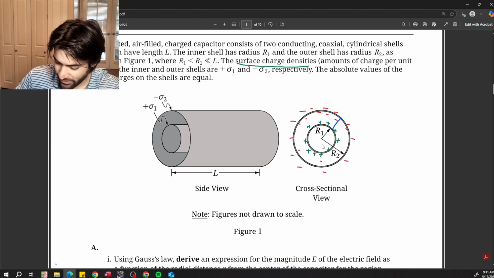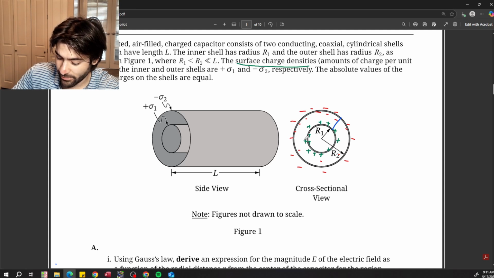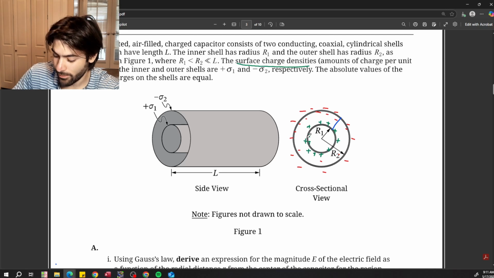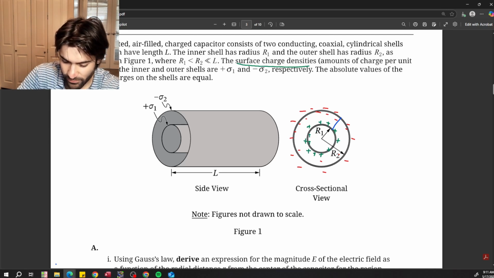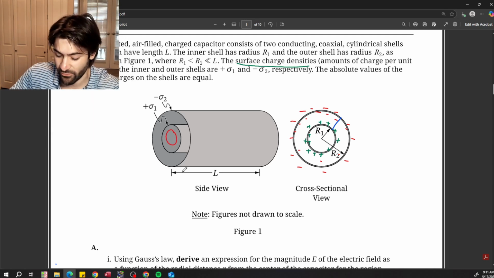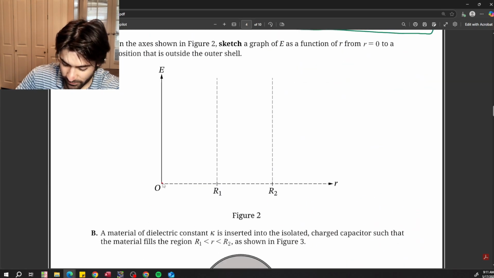So ultimately what that means is that the electric field inside of the inner coax will actually be 0 because there's no charge in there. If we form our Gaussian cylinder at a radius less than R1, we enclose no charge. There's no charge inside of this region, as you can see. It's only on the surface. So that means that the electric field at radii less than R1 is 0.